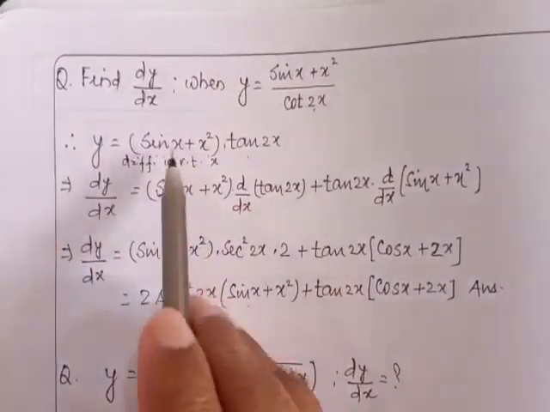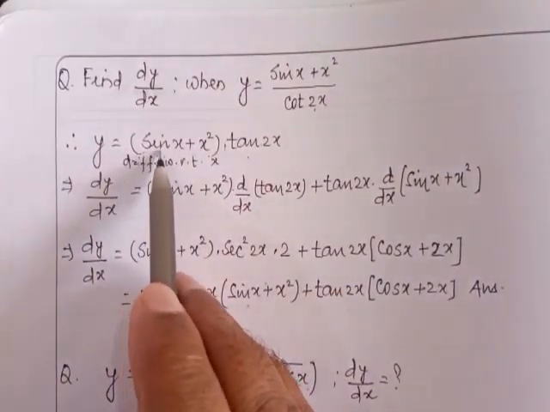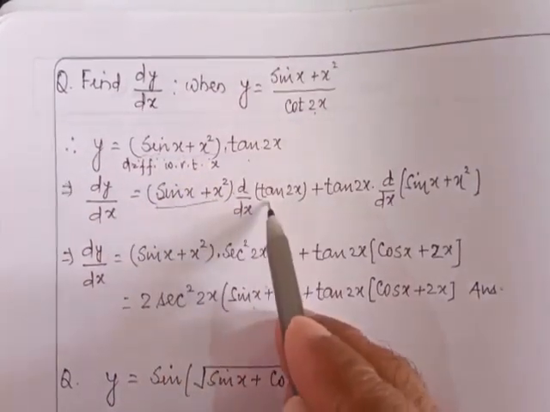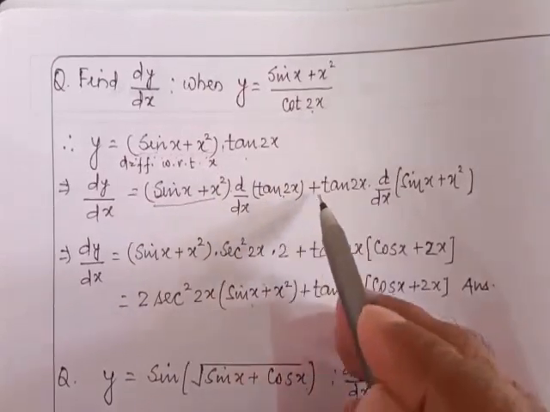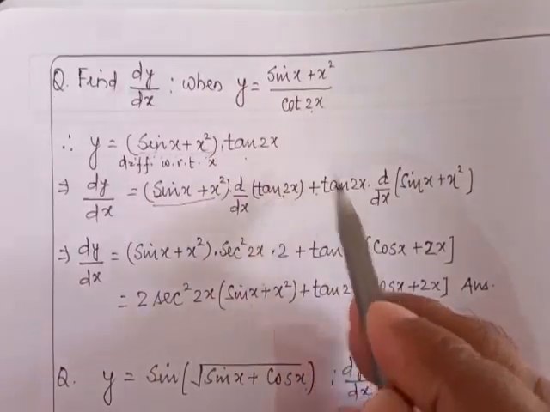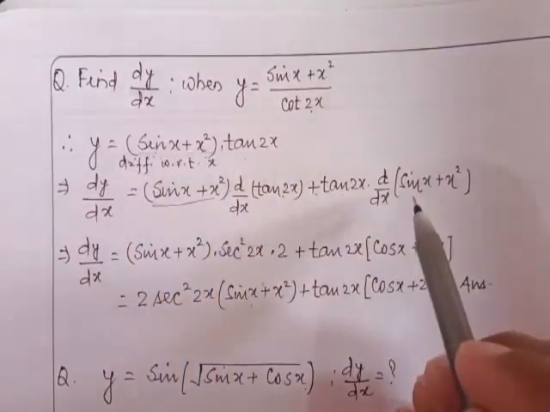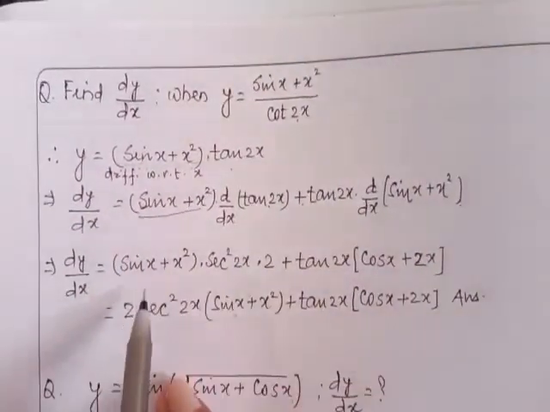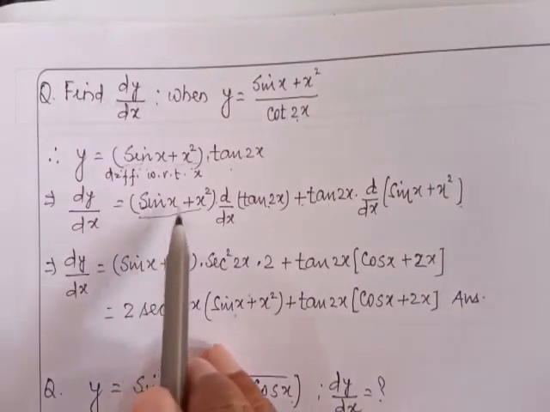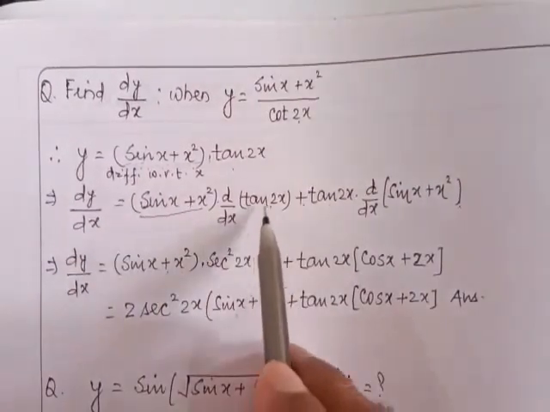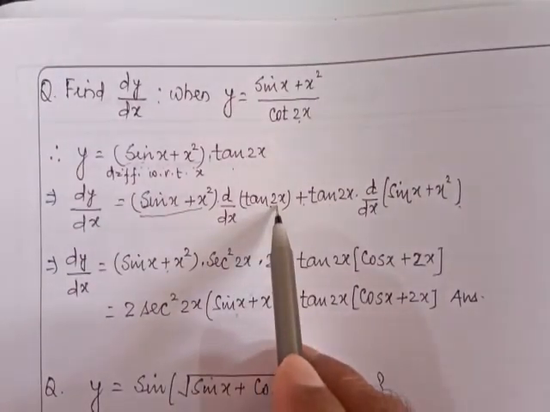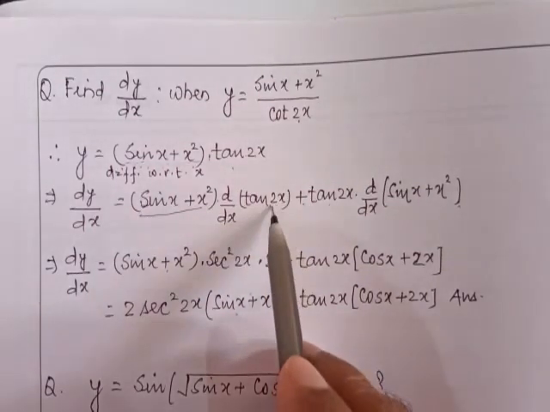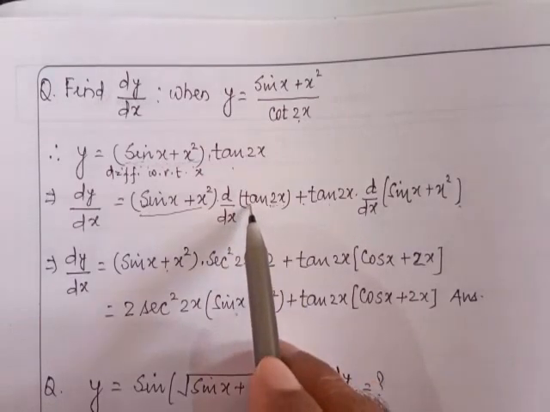So left side dy by dx. Consider the first function as u. So u into differentiation of v plus v into differentiation of u. Just put the formula accordingly. In the next step, sin x plus x square, that is u, into differentiation of tan 2x. What is the formula for tan x? That is sec square x, and instead of x here it is 2x.